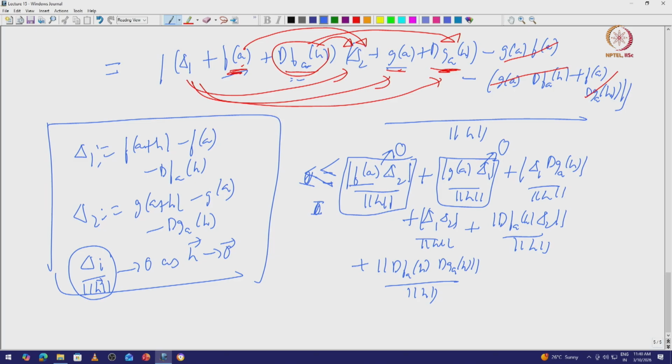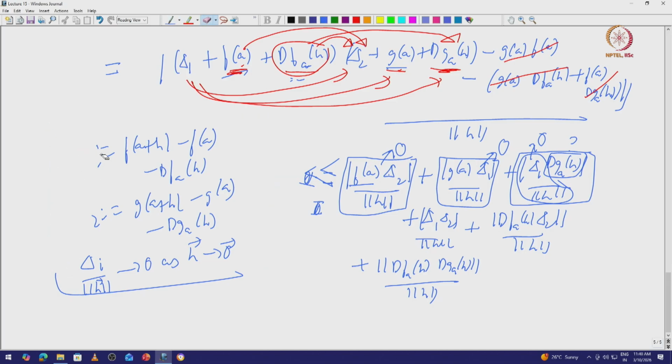Notice, so what strategy must be used here? This is delta 1 divided by norm h, this part goes to 0. The question is, what happens to this? This is not very difficult, despite looking very formidable. Let's do that here itself.